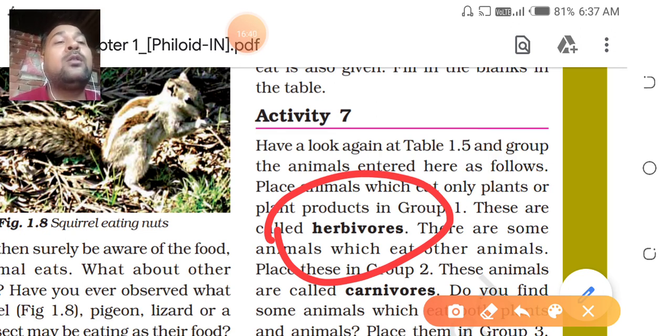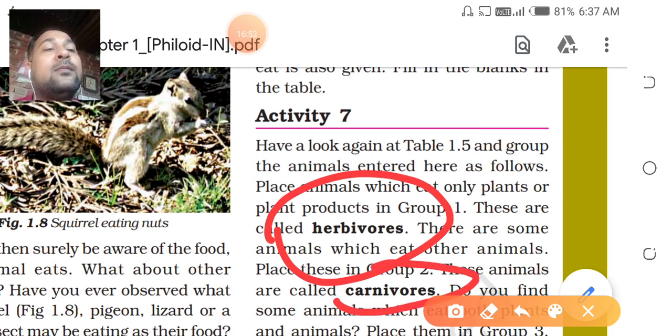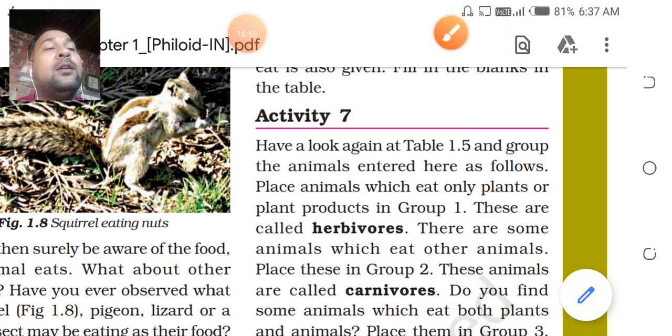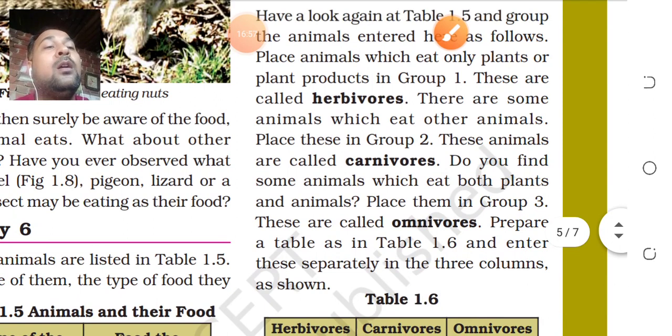Now we talk about group 2: those animals who take other animals as food. It means they eat other animals. They are called carnivorous. And the last one, omnivorous, means those who take both kinds of food.